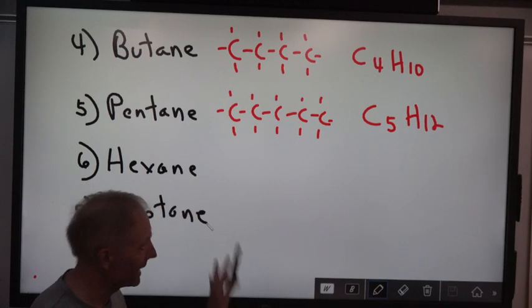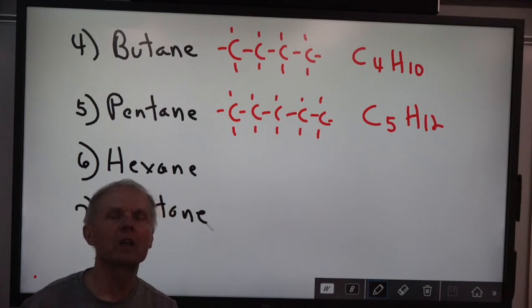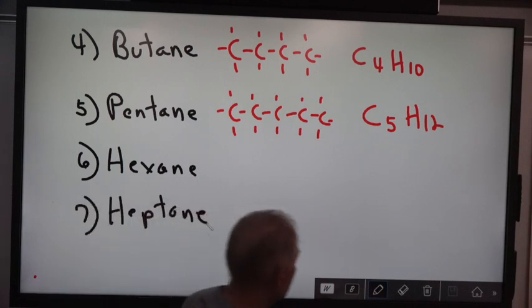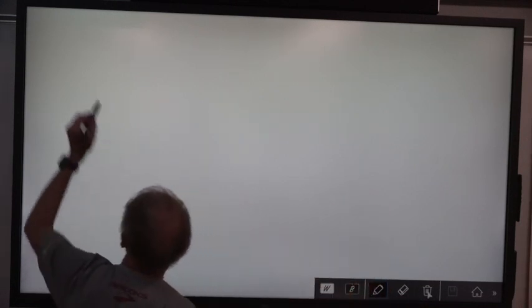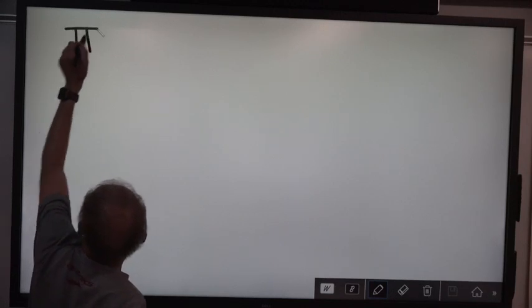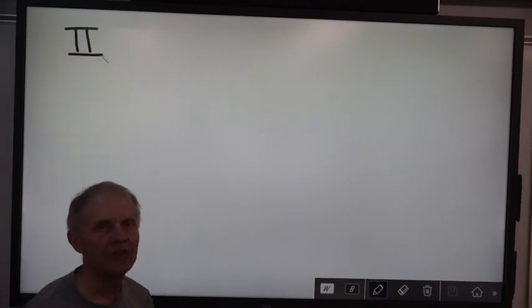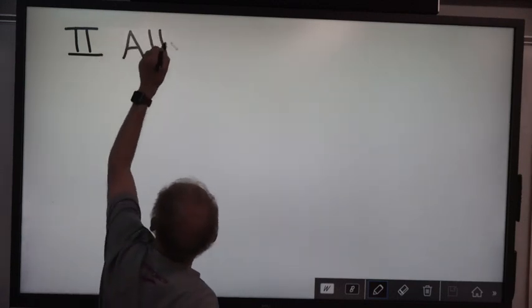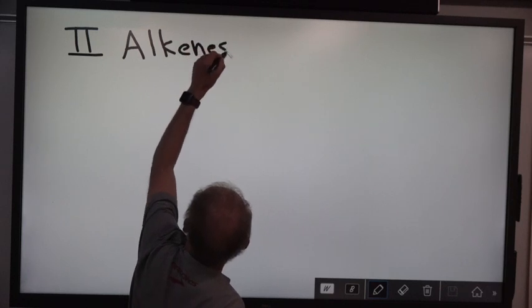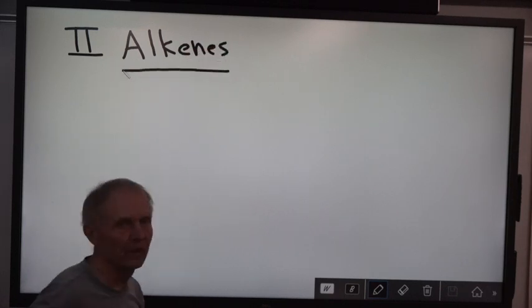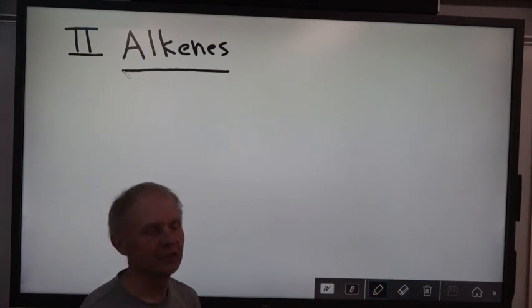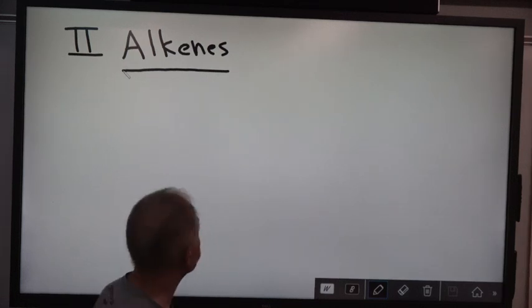All right? We'll go back to this in a little bit, but now we have to go to our second homologous series or second hydrocarbon series. All right? Now, this is Roman numeral 2, and this is called the alkenes. So the first one ended in ane, these end in ene. So these are the alkenes.